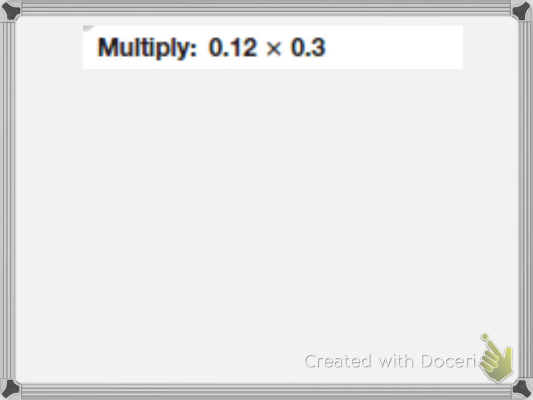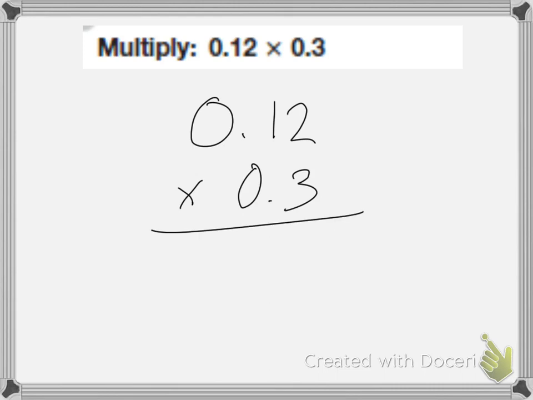So in this case, I have 0.12 times 0.3. First we're going to ignore the decimals and multiply. 3 times 2 is 6, and 3 times 1 is 3. Now I'm going to count the digits in the decimal places of the factors. So we have 1, 2, 3.